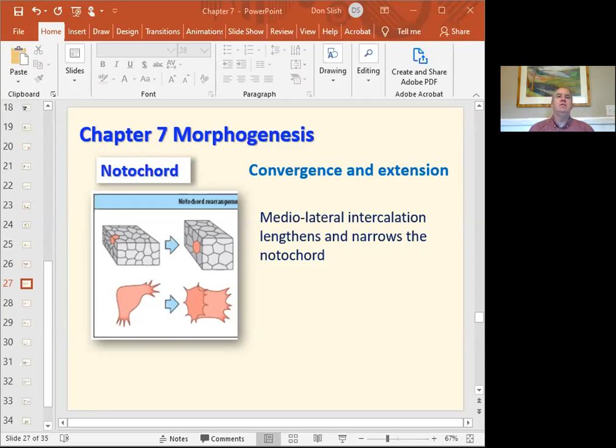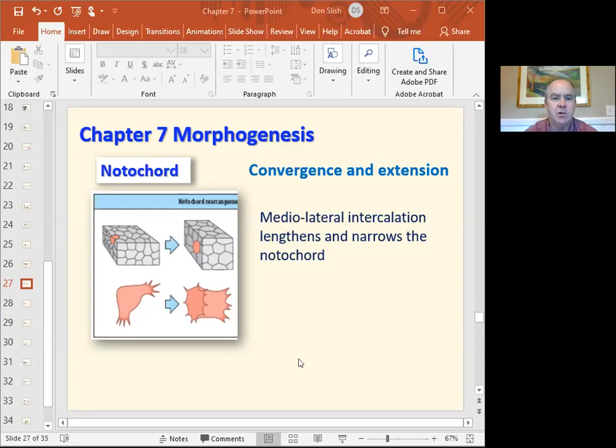And you know how you've got a ball here, which is your Xenopus embryo. At the end of gastrulation, you've got a long thing. So we've got the notochord being laid down before the whole thing spreads out. Once that notochord gets laid down, it does convergent extension to lengthen, so it ends up the length of the whole embryo.